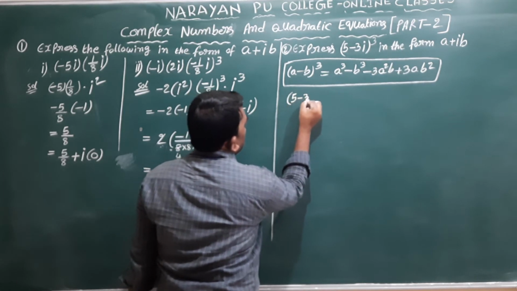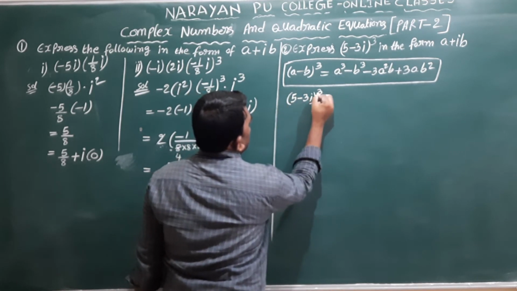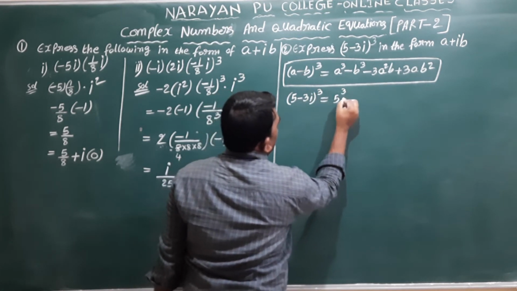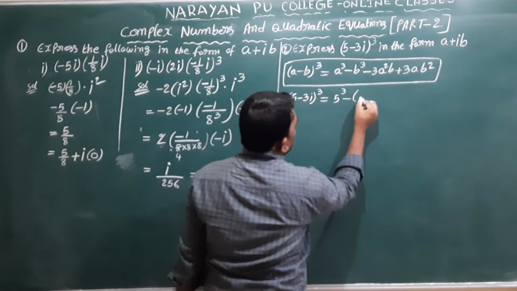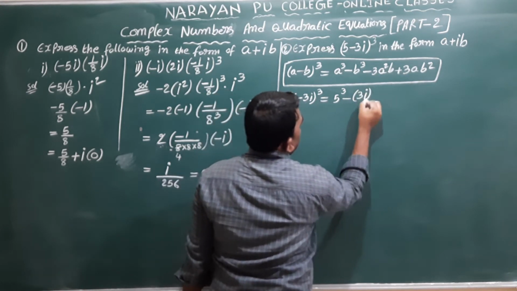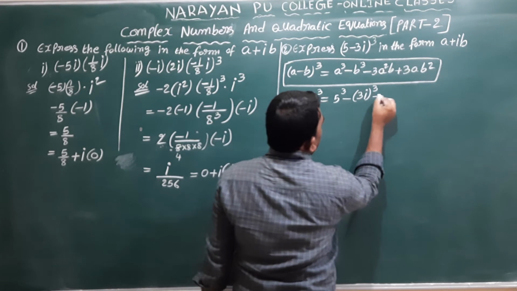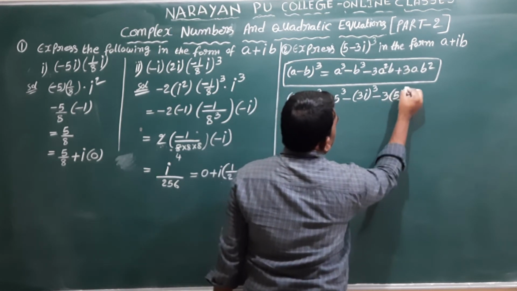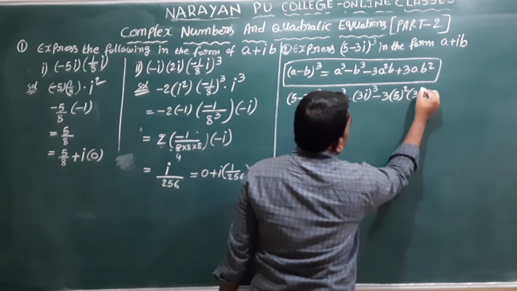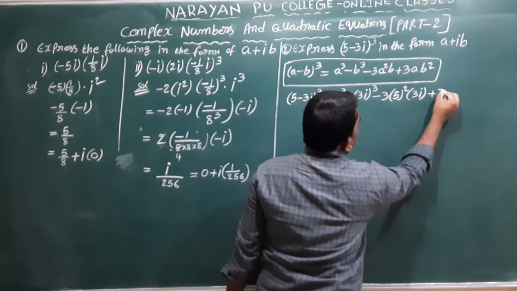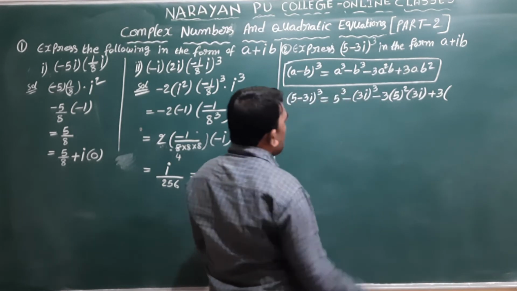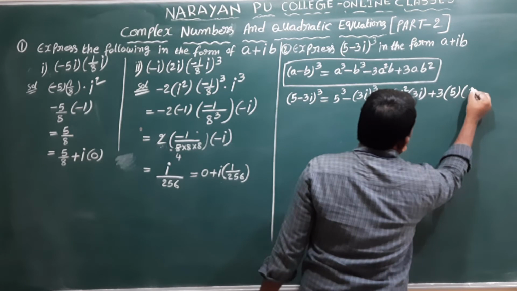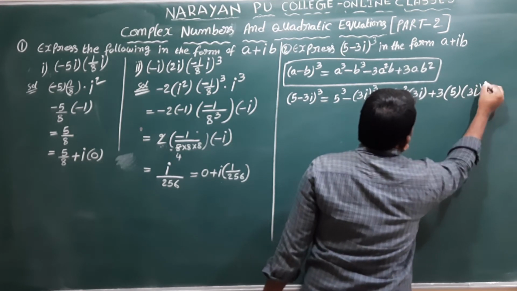5 minus 3i whole cube. a cube is nothing but 5 cube, minus b cube, b is 3i whole cube, minus 3a square b, 5 square into b, which is 3i, plus 3 into a value 5 into b square, b is 3i whole square.